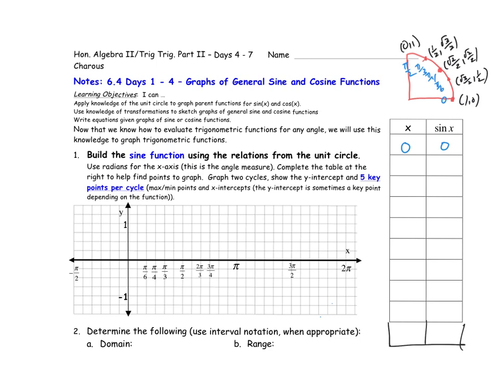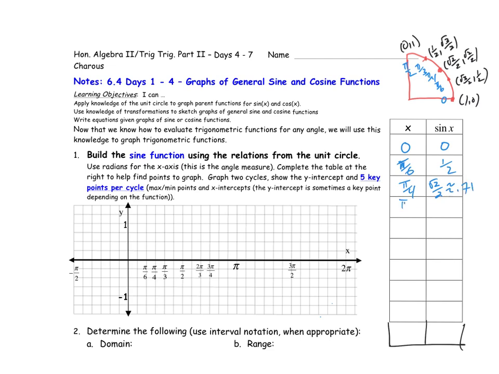I'm going to go to my next value on my unit circle, and that's going to be pi over 6. At pi over 6, the sine value is 1/2. I'm going to go to the next value, which is pi over 4. The value of sine of pi over 4 is rad 2 over 2, and that decimal approximation is about 0.71.